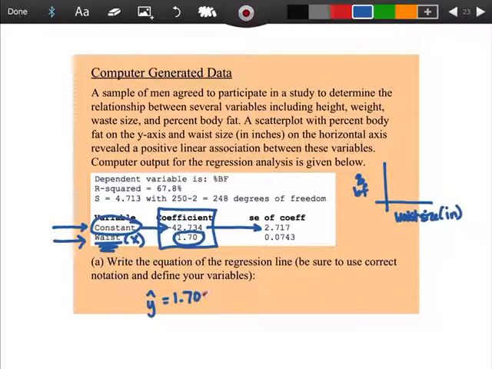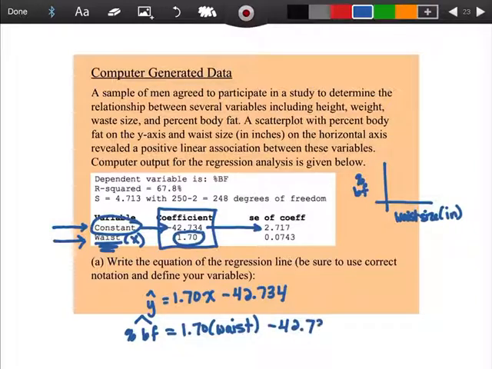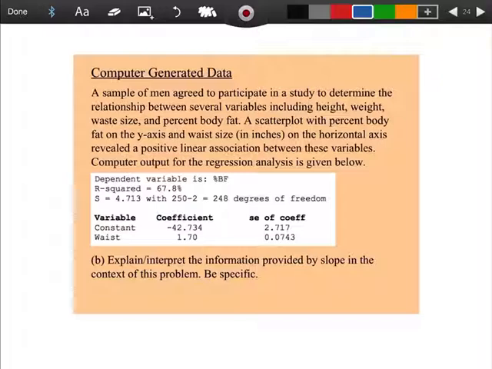The constant is my y-intercept. So y hat equals my slope times x minus my y-intercept. Or I could write this as percent body fat hat equals 1.70 times my waist size minus 42.734.